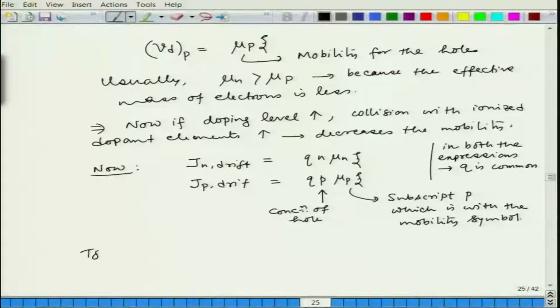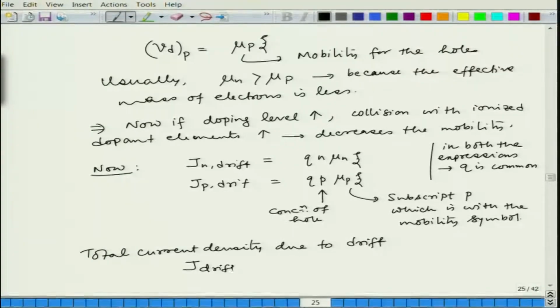So, the total current density due to drift, J drift, will be equal to J n drift plus J p drift, isn't it?